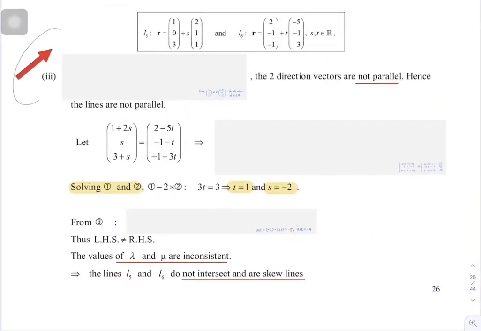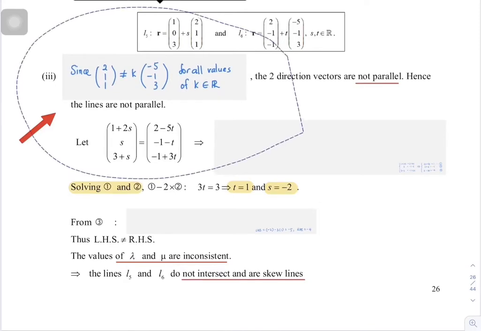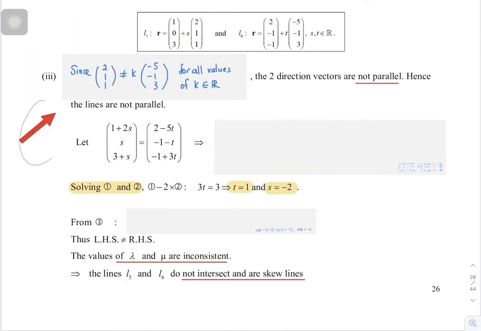For part 3, the two lines L5 and L6 have direction vectors (2, 1, 1) and (-5, -1, 3). Similarly to the previous part, we realize that the two direction vectors cannot be written as a scalar multiple of each other. So the two direction vectors are not parallel, and hence the two lines are not parallel.